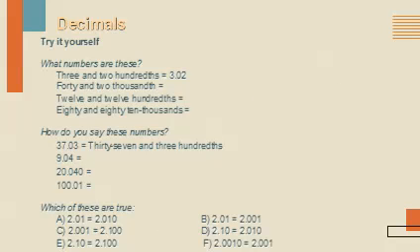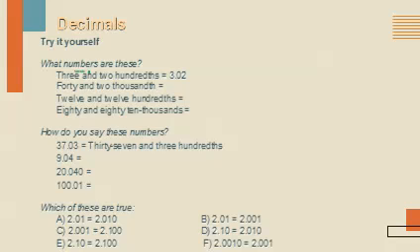Now let us apply some exercises in order to get the idea. So what numbers are these? I already gave you the word form, and you have to tell me the number, okay? The first one is done for you. It's 3 and 2 hundredths. Whenever you see the word "and," it indicates that we have a point here.